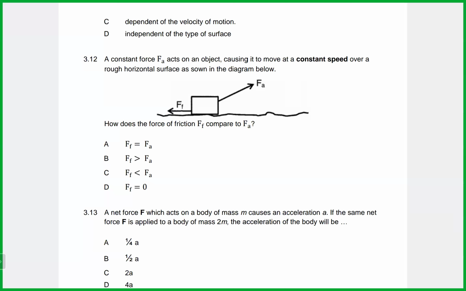How does Ff compare to Fa? C. Very good. Your Ff will be less than Fa. So because it's moving.